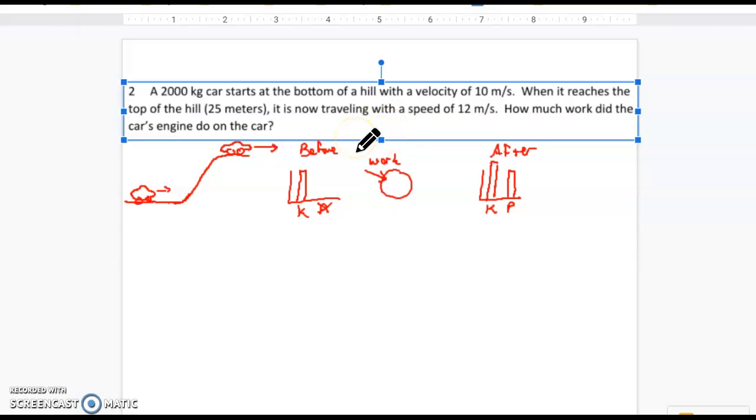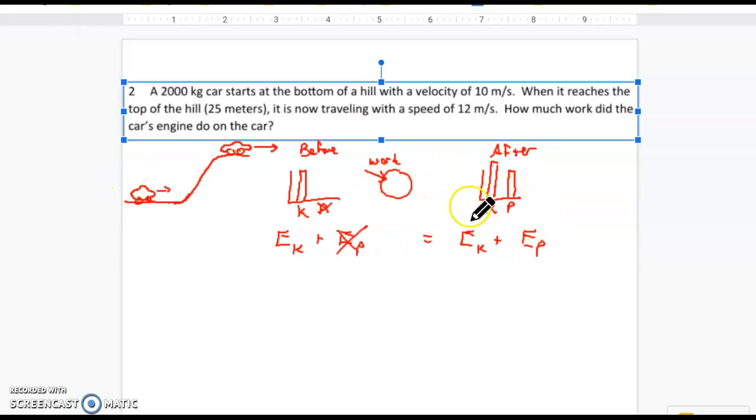So when we set up our problem, we could do EK plus EP equals EK plus EP. But we can cross out the potential energy on this side because we didn't have any potential energy before, when it was on the ground.